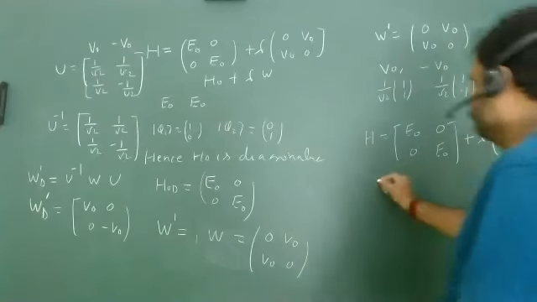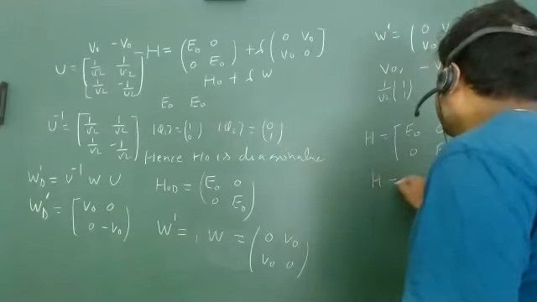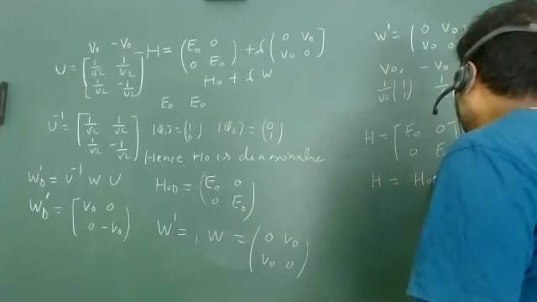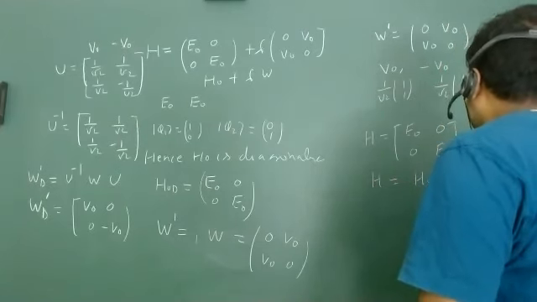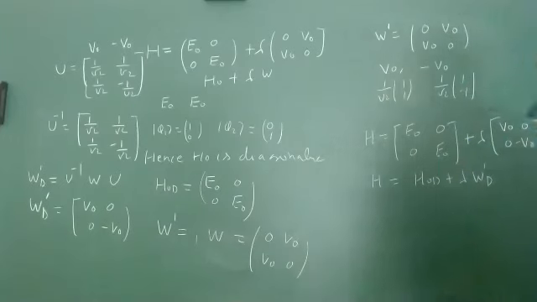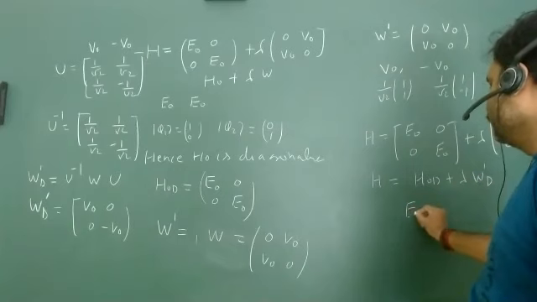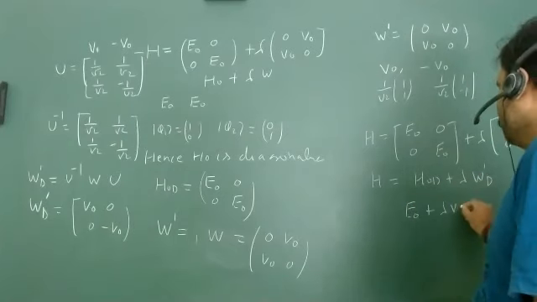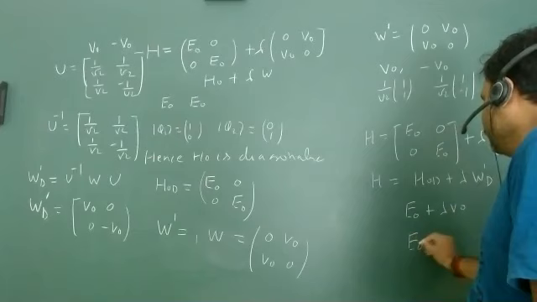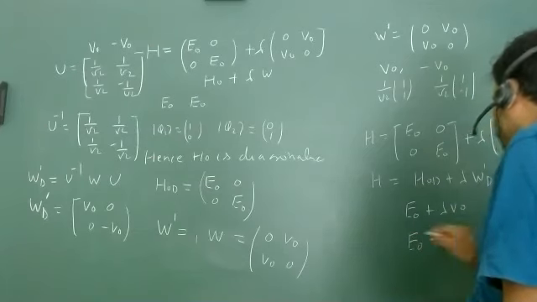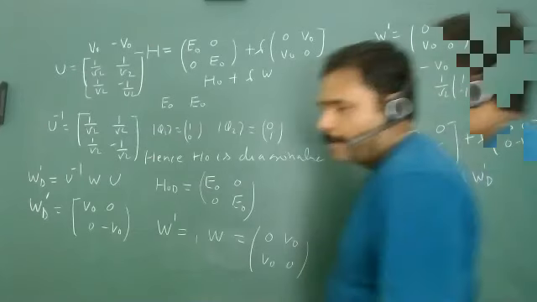So H is equal to H naught diagonalized plus lambda W dash diagonalized. What will be the eigenvalues? There are two eigenvalues. One is E naught plus lambda V naught. Another is E naught minus lambda V naught. That's it.